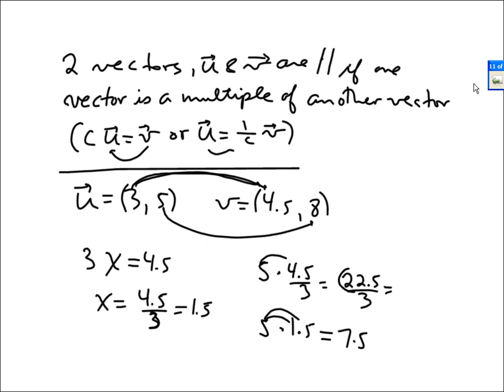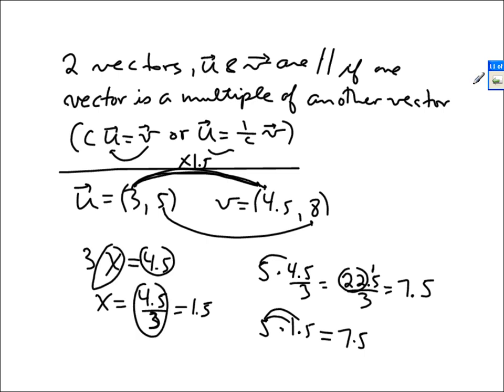And 3 into 22 goes 7 times, with 1 left over, and 3 into 15 goes 5. So we found out what we multiply 3 by to get the other x value. You multiply 3 by 1.5, or if you insist, 4.5 over 3.